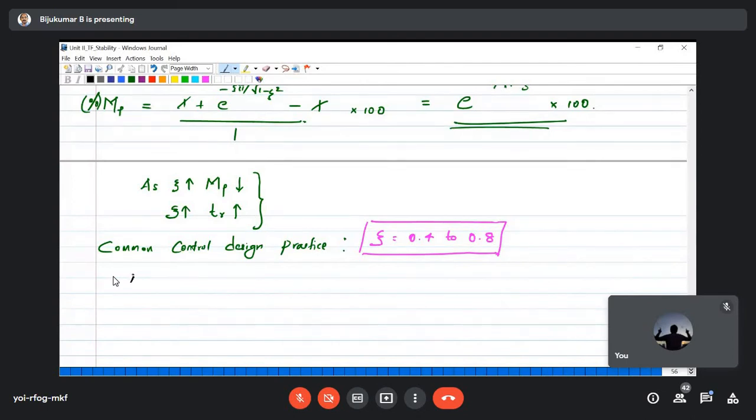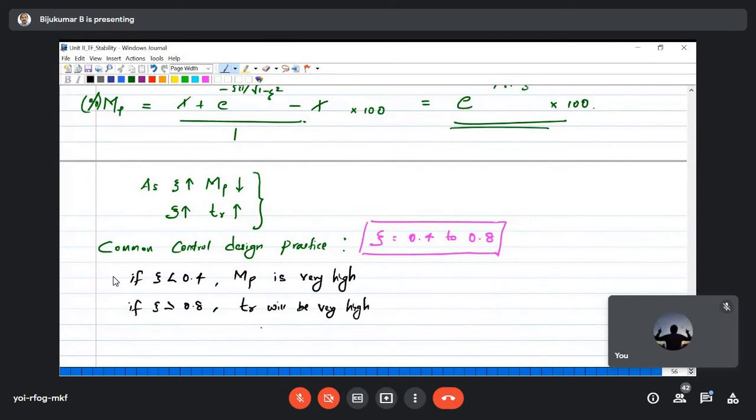If zeta is less than 0.4, what will happen? Our Mp, the peak overshoot, becomes very high, right? If zeta is going beyond 0.8, Tr will be very high.